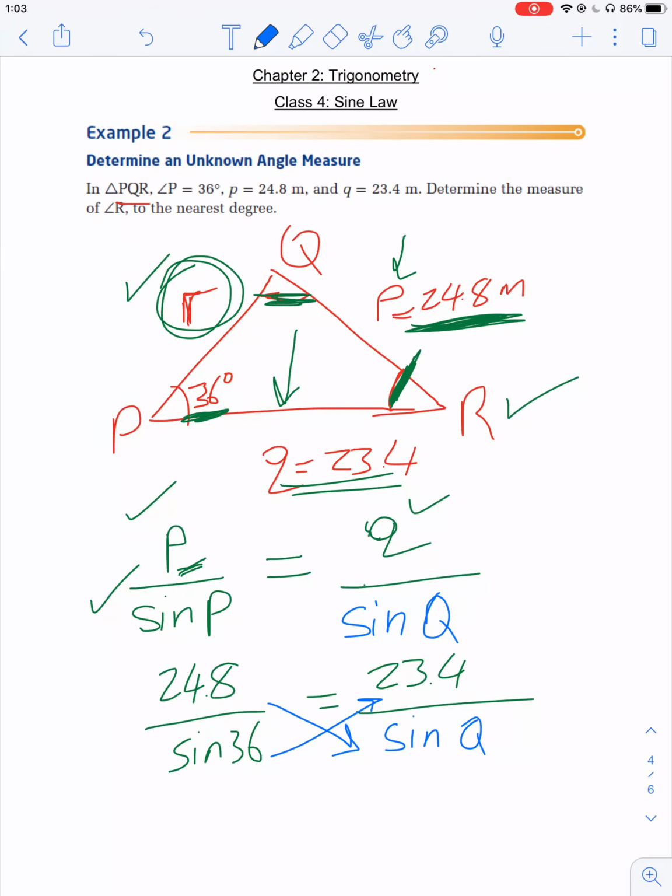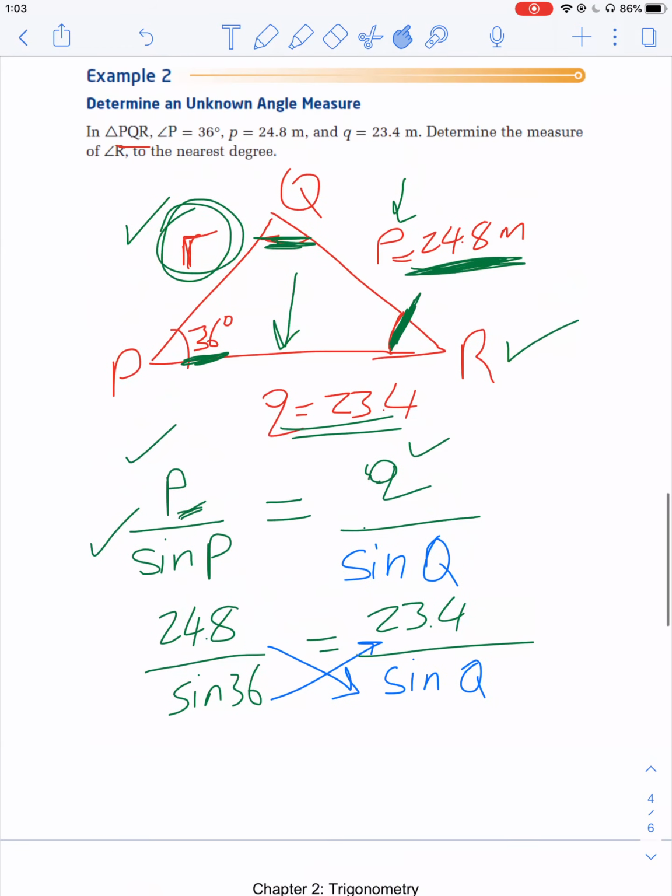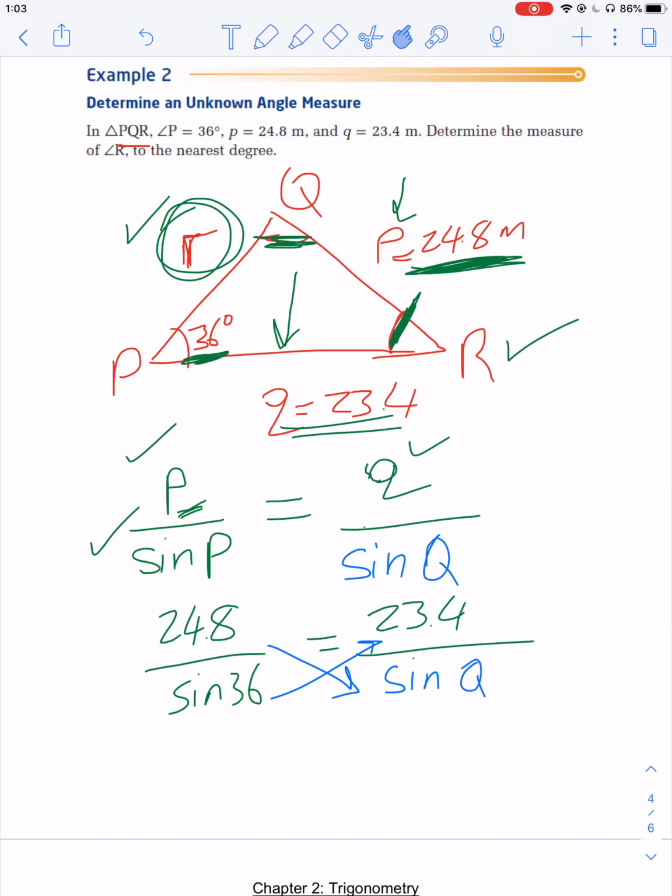When you do that, you're going to get, again, your algebra skills need to be a little bit on point over here.